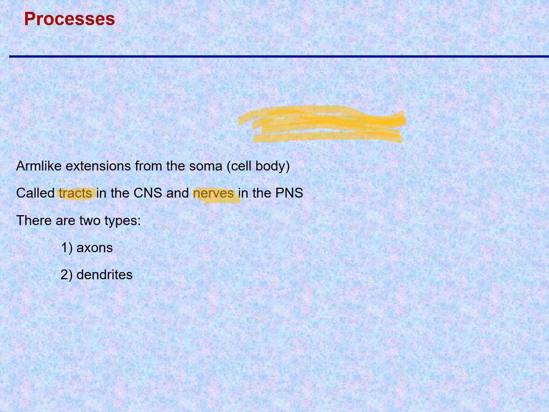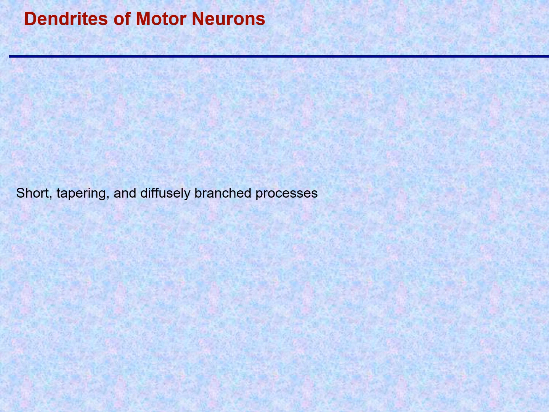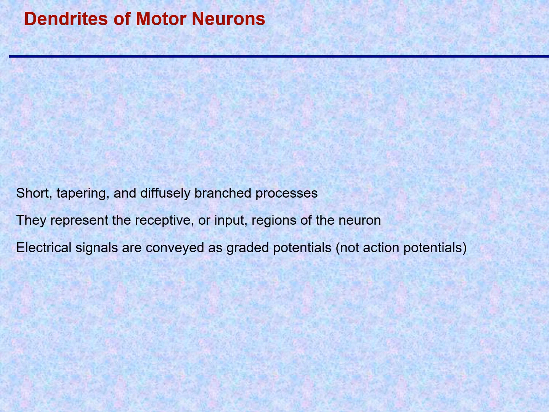There are two types of extensions: the axons, as I told you, and dendrites. Each neuron will have one axon and multiple dendrites. The dendrites are fairly short, highly branched processes. They are the receptive field for input from signals coming from other neurons or maybe other types of tissue. The signals conveyed inward toward the dendrites or the cell body are called graded potentials, not action potentials.